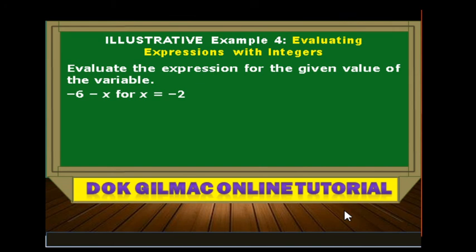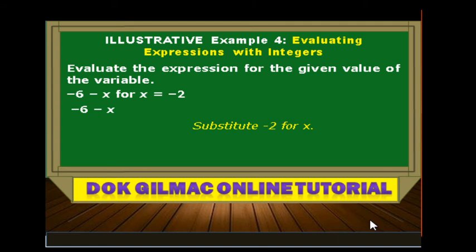Now, let's have illustrative example number 4. Evaluating expressions with integers. Evaluate the expression for the given value of the variable: negative 6 minus x for x equals negative 2. Substitute negative 2 for x.